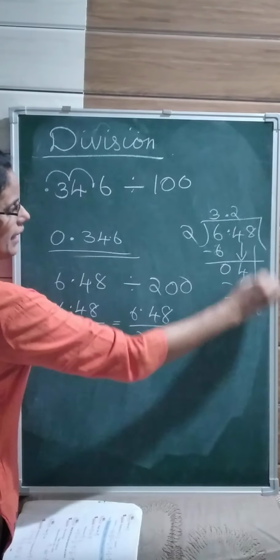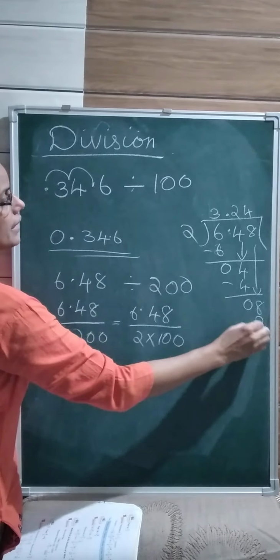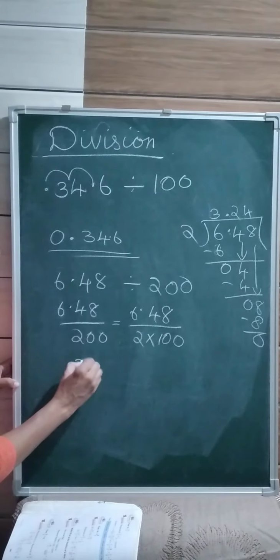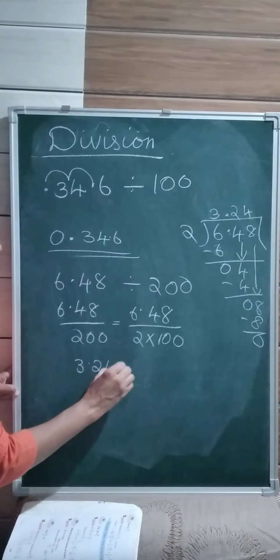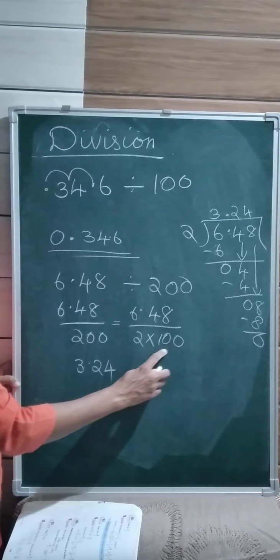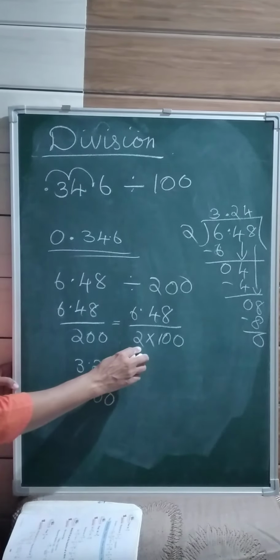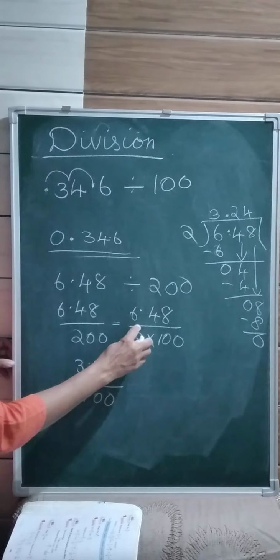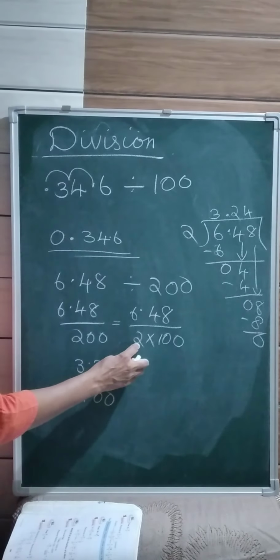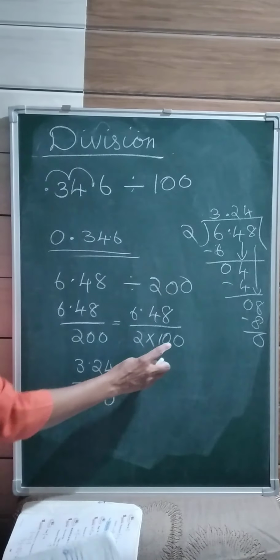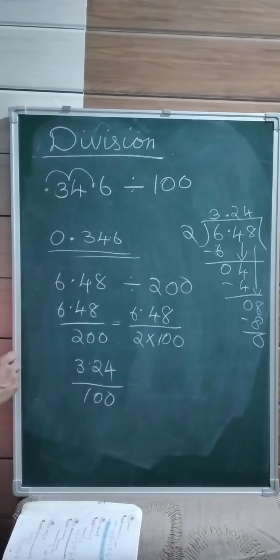Next number is 8. 2 4s are 8. So the answer is 3.24. But we have to divide by 100. We divided this number by 2, the answer is 3.24. Now we have to divide this number by 100.